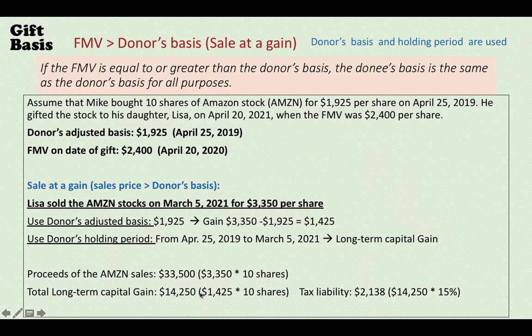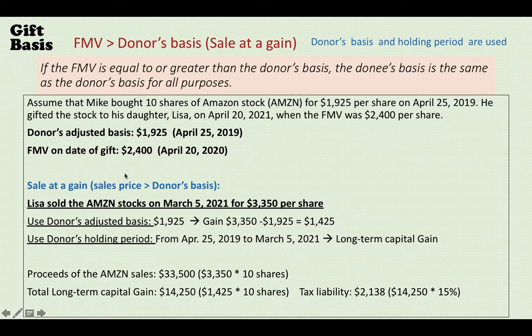She has to pay tax on the long-term gain. If her long-term capital gain rate is 15%, she would incur a tax liability of 2,138. This is when the sales price is greater than the donor basis, a sale at a gain.